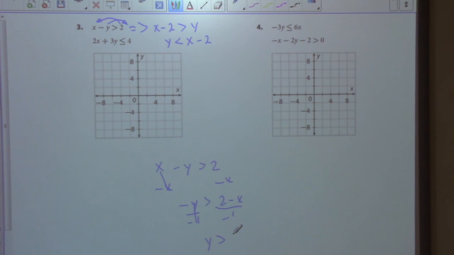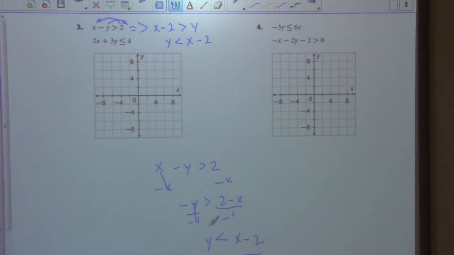Something is not going right here. Oh yeah, y change the sign, that's right. I forgot to change the sign. There we go. So divide by negative 1, change the sign, right? And so we get x, negative x divided by negative 1, that's x, and then 2 divided by negative 1.